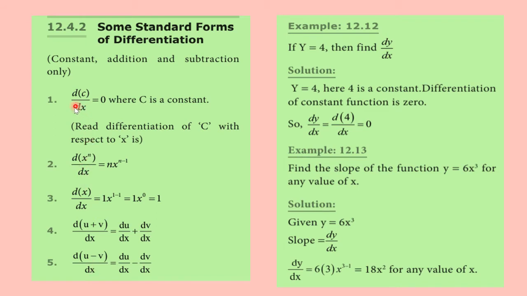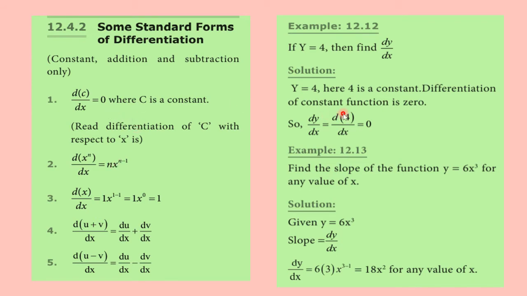So I want to repeat this again. Differentiation of a constant, c means constant, with respect to x is 0. So when you differentiate a constant, it is always 0. Now look at this example. If y is equal to 4, then find dy by dx. dy by dx means you have to differentiate this. So 4 is a constant here. When you differentiate a constant, what is the answer?